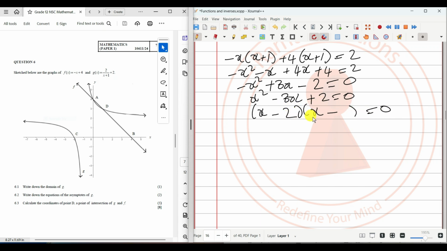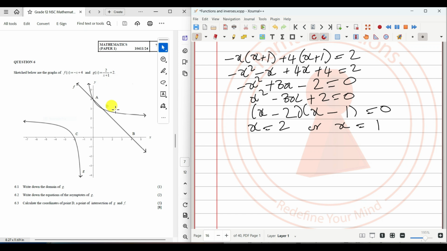Factors of 2 are 2 and 1. Since c is positive, both take the sign of the middle term. Therefore, x equals 2 or x equals 1. They said we must look for the coordinates of D. So 1 has an x value of 1, it must be point A.